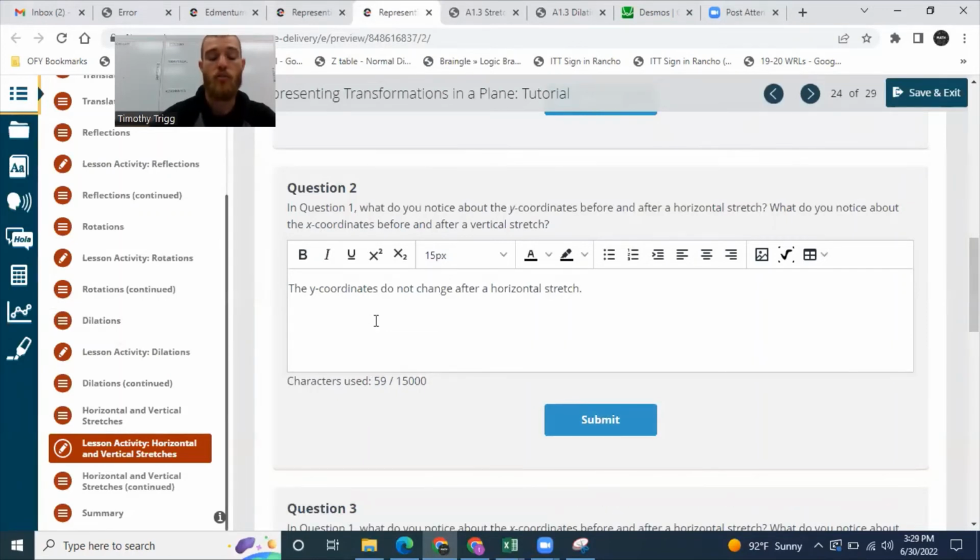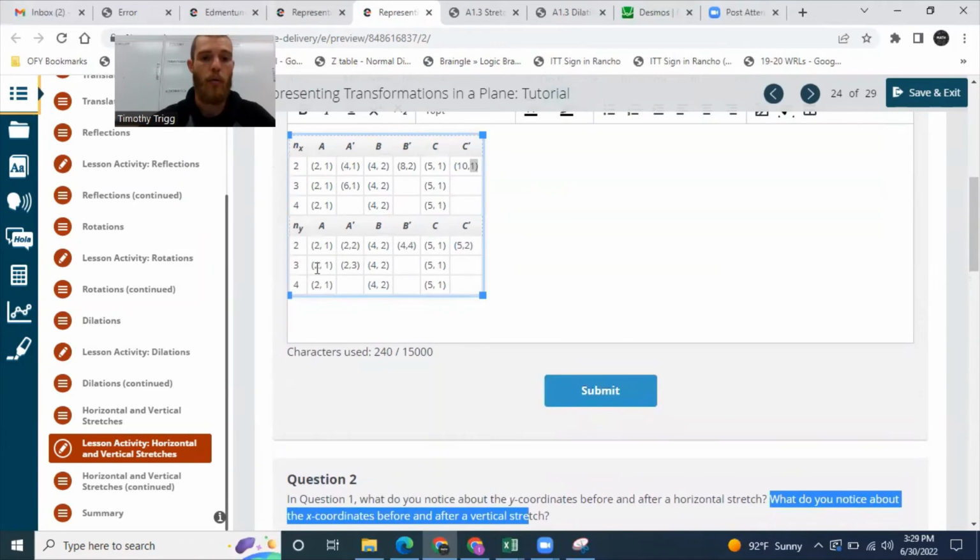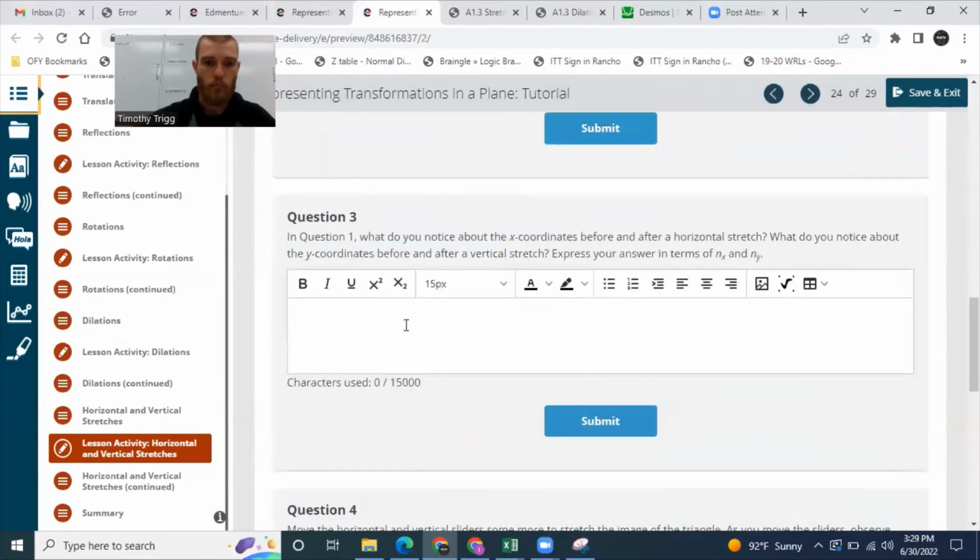I'm sure you can answer the next part of this. The x coordinates, see if you can answer the rest there. The second part is talking about a vertical stretch, so that's for this n sub y. What happens to the x coordinates here? Now, what about the x coordinates when it comes to a horizontal stretch?